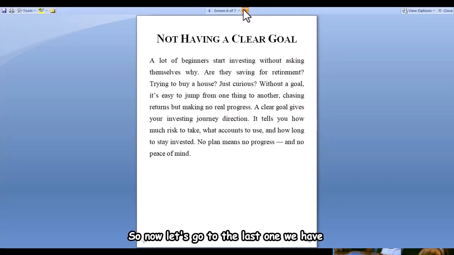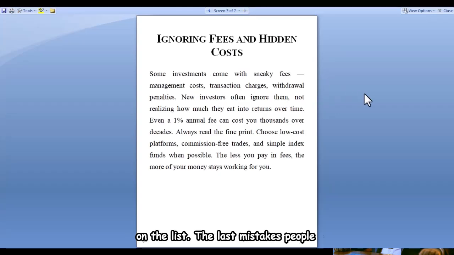So now let's go to the last one we have on the list. The last mistake people make is ignoring fees and hidden costs. Some investments come with sneaky fees: management and transaction charges, withdrawal penalties. New investors often ignore them, not realizing how much they eat into returns over time.